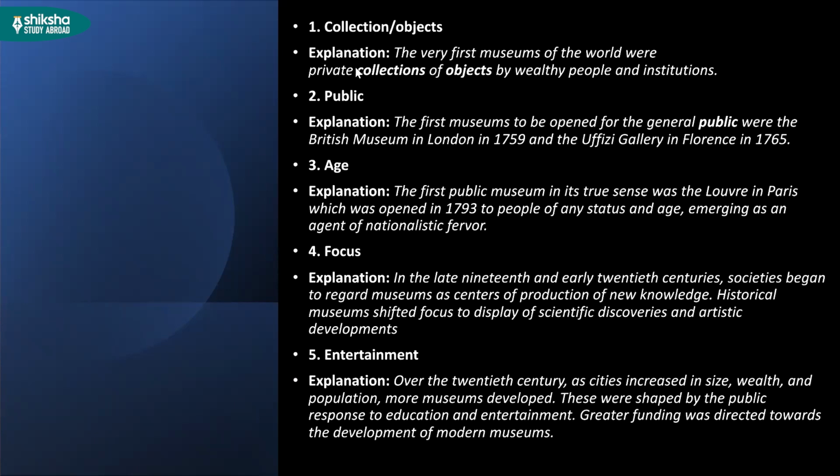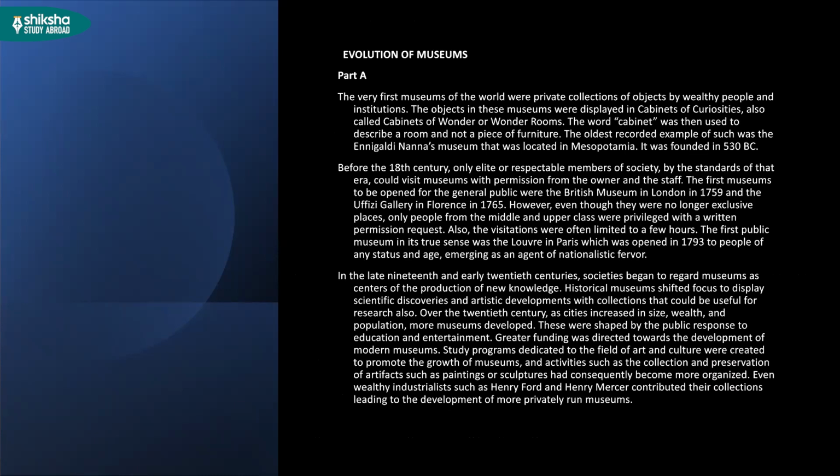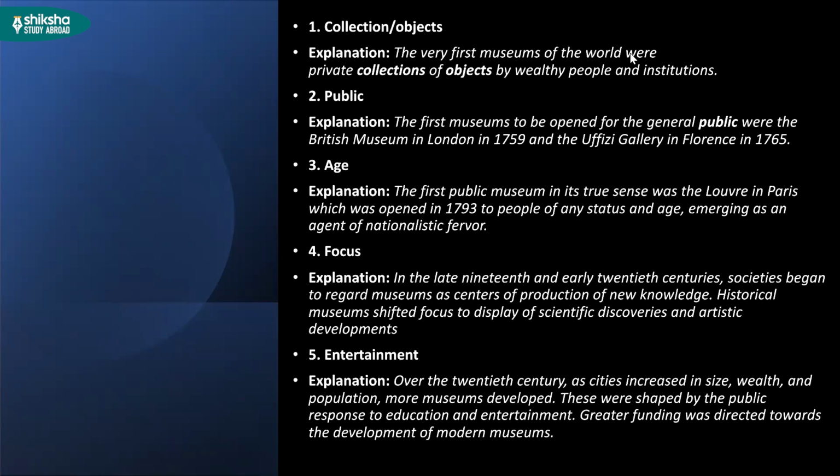The explanation for this which they have given is they have found from this paragraph. Okay. And explanation which they have given, let's read. The very first museums of the world were private collections of objects by wealthy people and institutions. So this line shows that these 2 words can be taken as an answer. So either you can write collections or you can write objects.